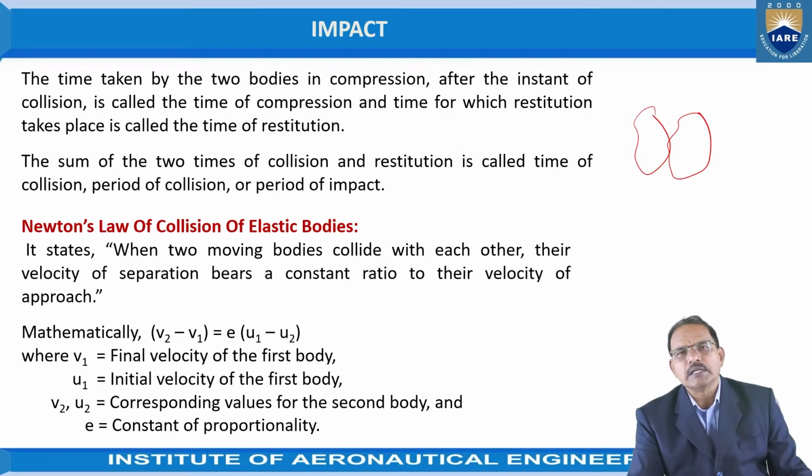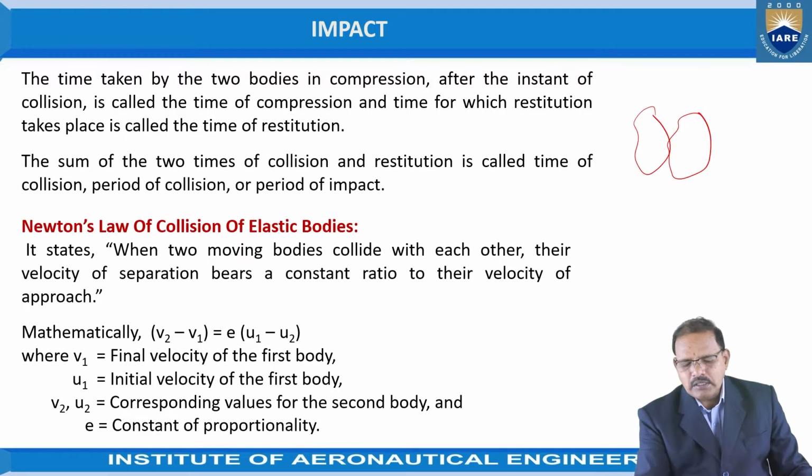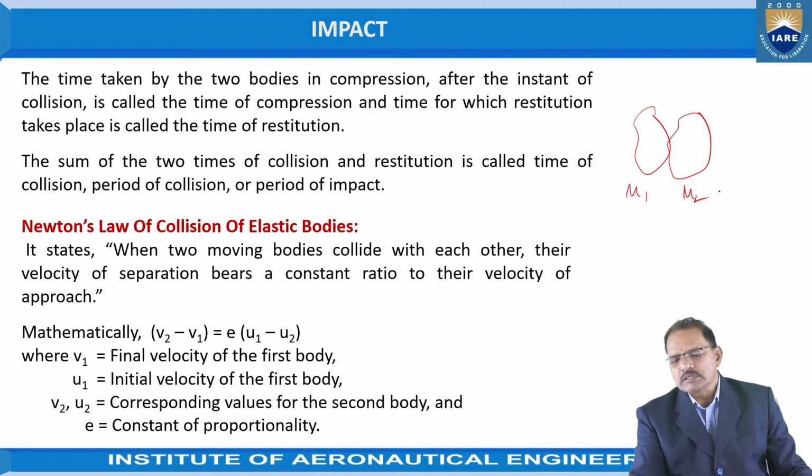Mathematically, if u1 and u2 represent the velocities of the two bodies before the collision, and after the collision they move with velocities v1 and v2, then according to Newton's law of collision, the velocity of approach is u1 minus u2 and the velocity of separation is v2 minus v1.